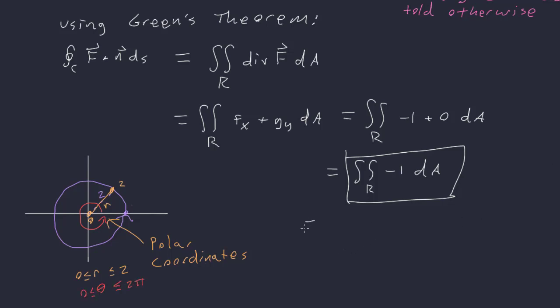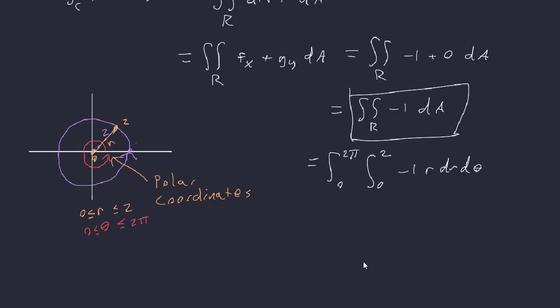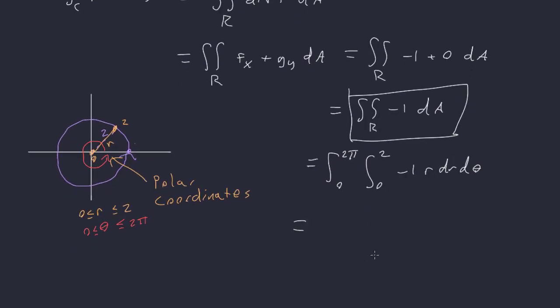So this double integral is going to be the integral from 0 to 2π, integral from 0 to 2 of −1 r dr dθ. And yes, anytime you have dA in polar coordinates, it's always r dr dθ. Next up, we'll just integrate. We'll get the integral from 0 to 2π of −1/2 r² from 0 to 2.